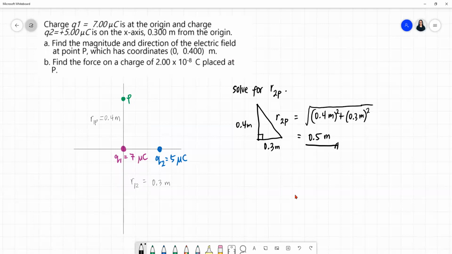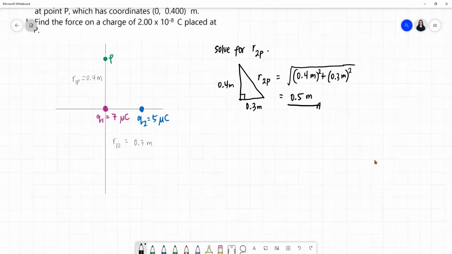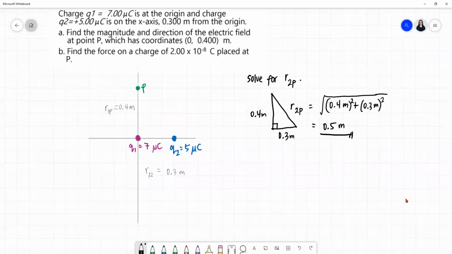Okay, so next, for the electric field, since we have two charges causing electric field, we need to add the two. But first, we need to know the direction of the electric field. So for electric field caused by the first particle, Q1, it is positively charged. So the direction of the electric field is away from the charge.